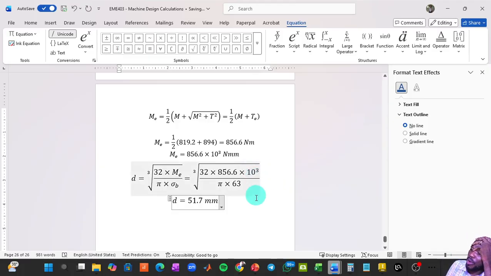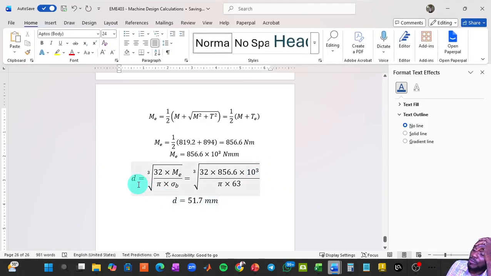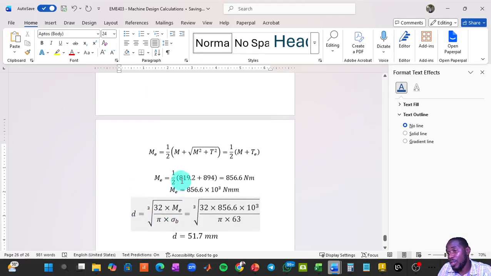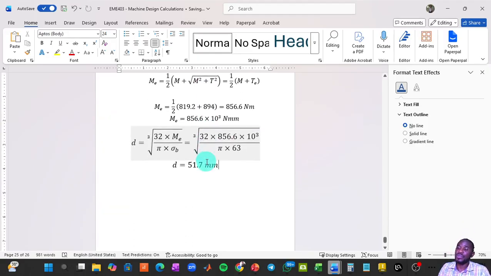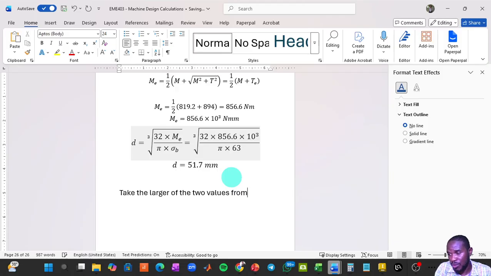When you compare these two values, this is the one from the Rankine's equation, and this is the one from the Guest equation. Obviously, the Rankine's equation is higher, so we take the larger of the two values from the theories.